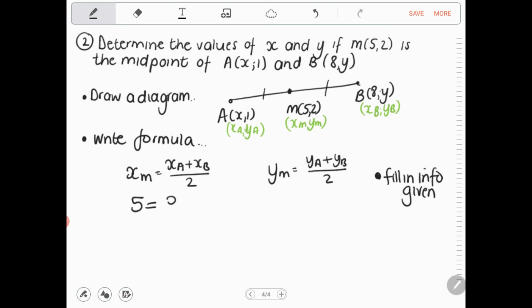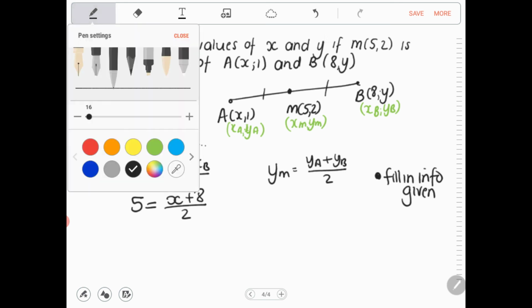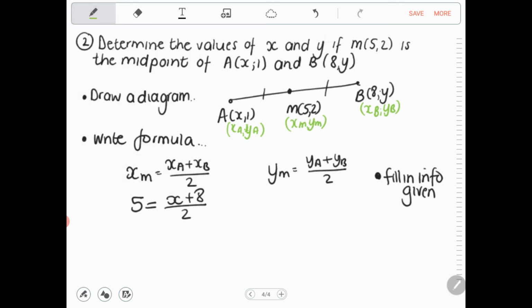X at A, I don't have, there's an x there. X at B is an 8 over 2. Okay, and then again, it's one term on each side like the other example, so we're going to times both sides by 2 to get rid of that 2 at the bottom, like that.